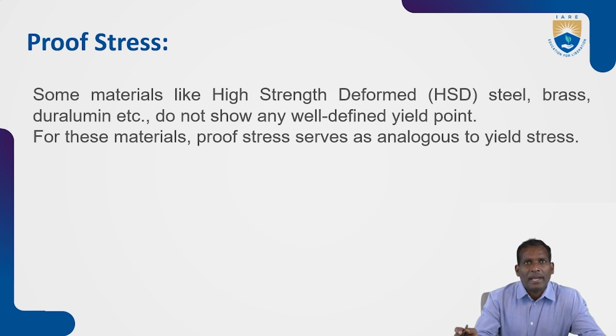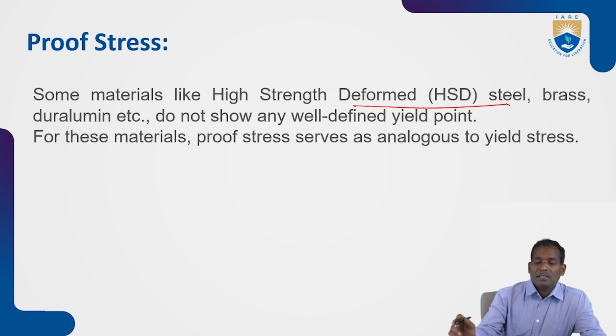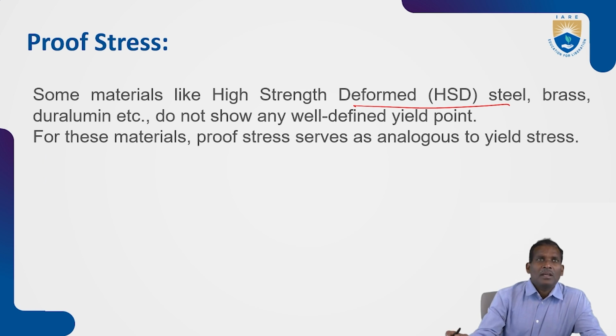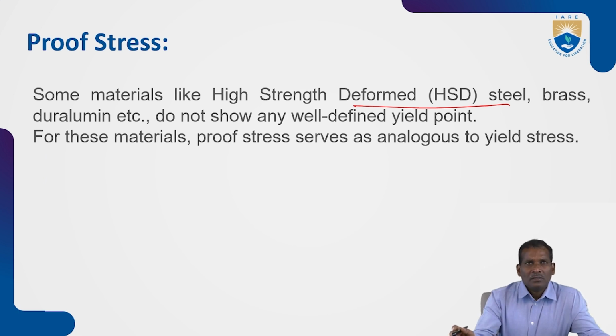Some materials like HSD, high strength deformed steel, brass, and duraluminum, and so on, do not show any well-defined yield point.